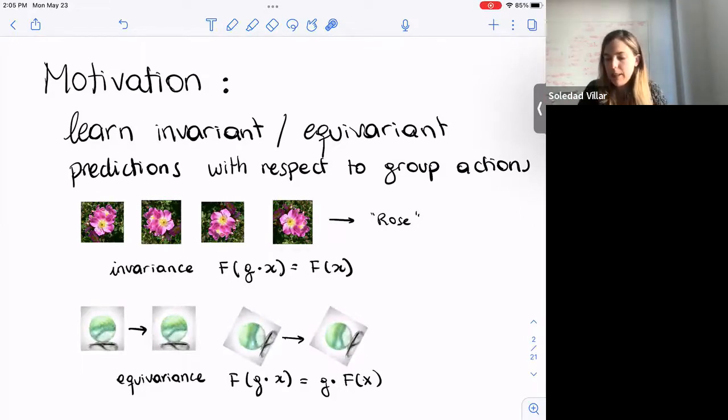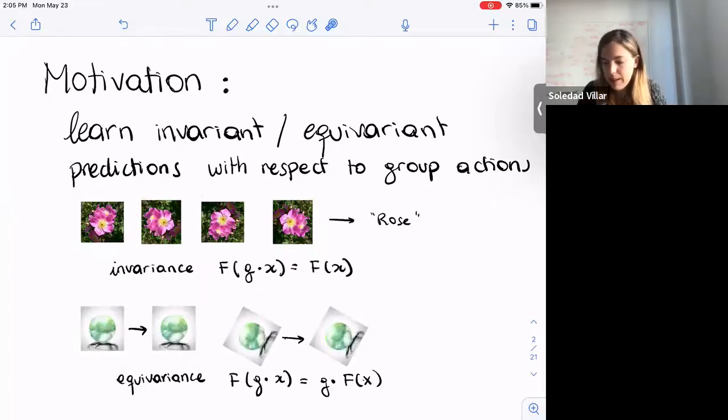And it happens that, for instance, if I have these flowers over here, if I apply a rotation by, say, 90 degrees, or maybe a reflection of my images, the classifier should give me the same prediction.